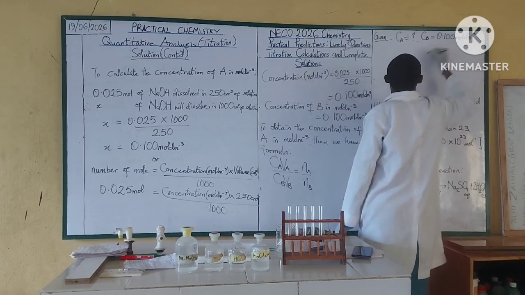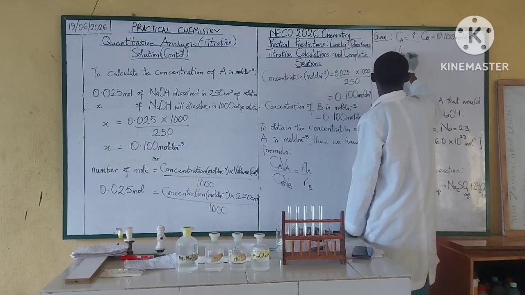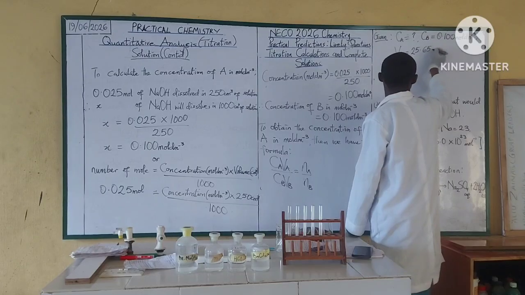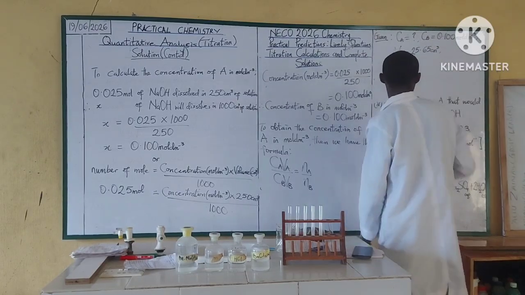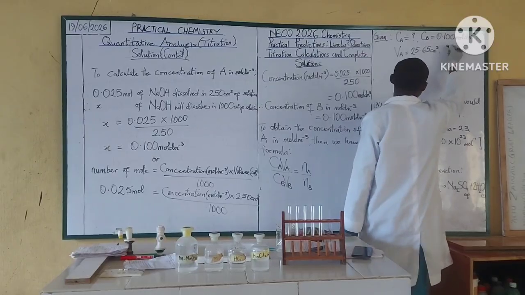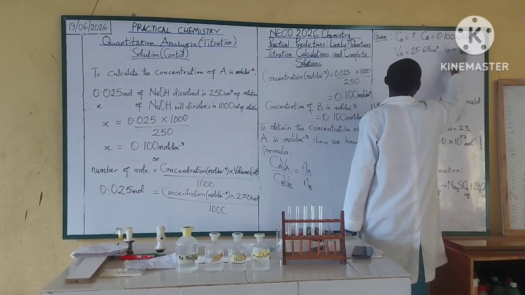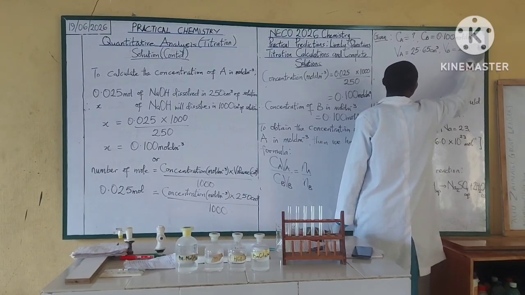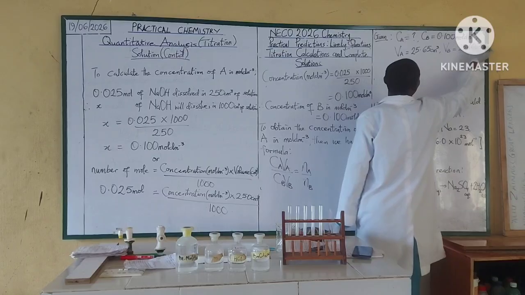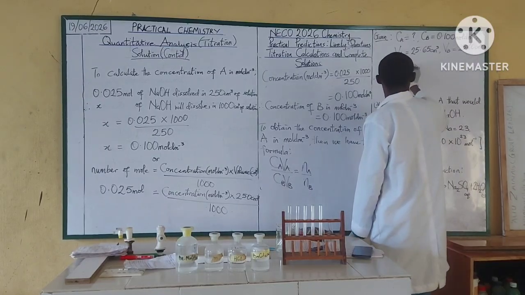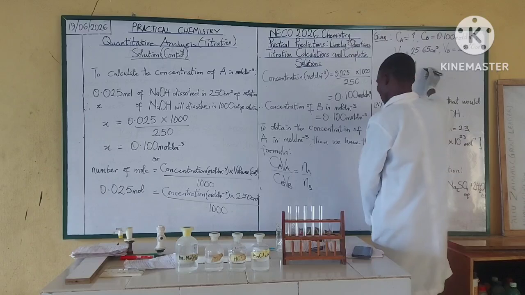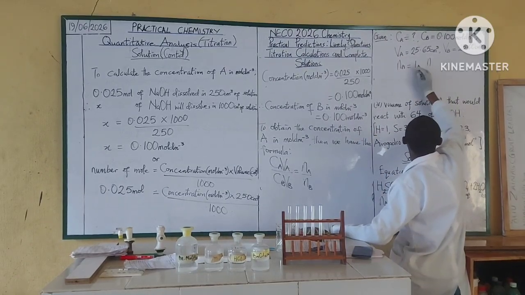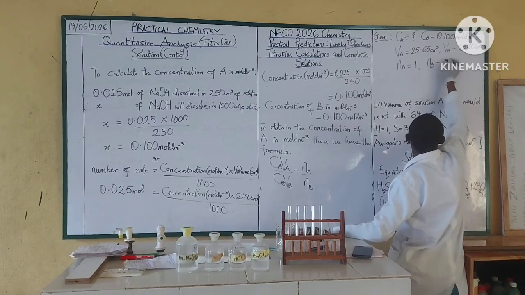Our VA, that's our average titer value, 25.65 cm cube, what we obtain from the table of titration. Then VB, which is equal to 25.00 cm cube as volume of pipette. NA is 1 from the equation of reaction. NB is given to be 2.